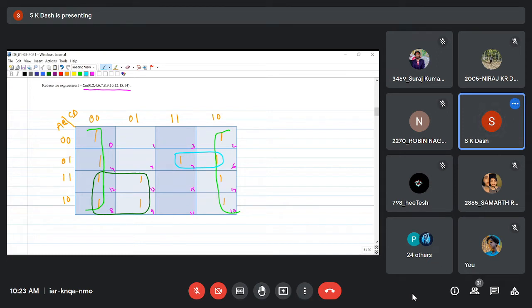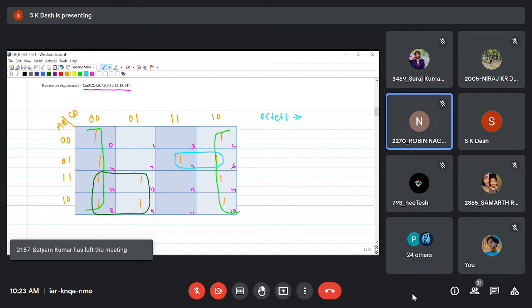Okay. Now, let us write first for the octet. For the octet, is there anything common in AB? Some value which will be common for all the 8 ones. Is there anything common on the AB side?